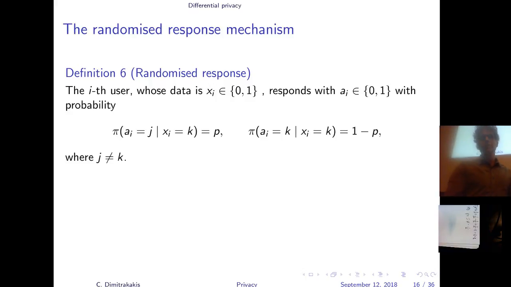So we can generalize this mechanism. Let's take the binary case. You have 2 possible values. Individual i has 2 possible values, 0 or 1, no drugs or drugs, and there's a response, either 0 or 1 again.